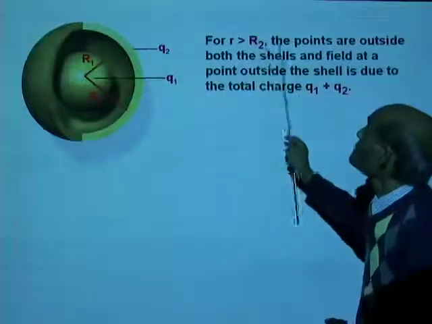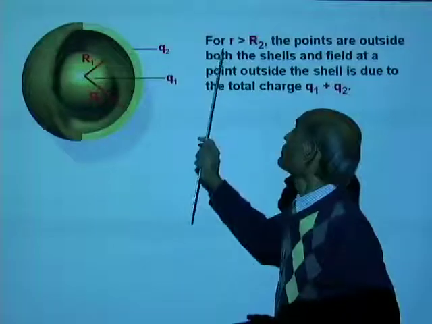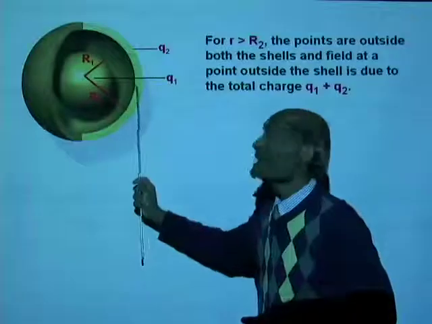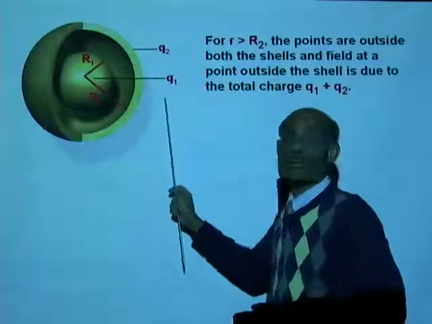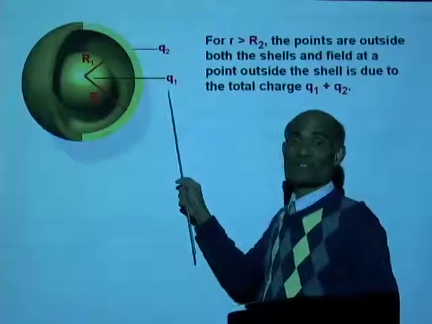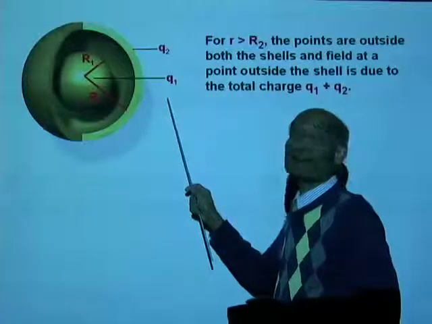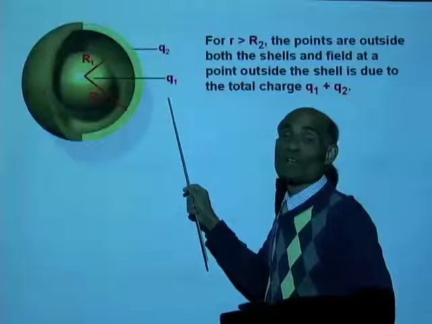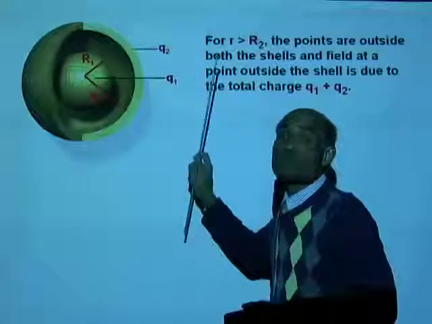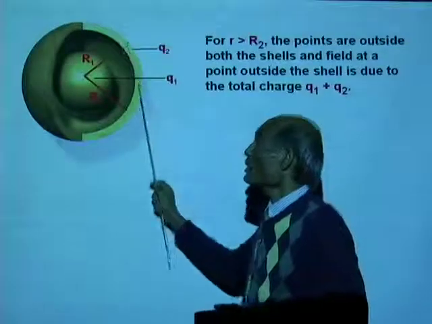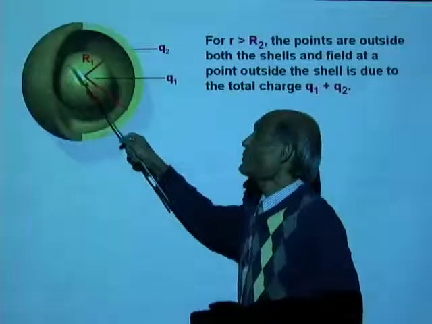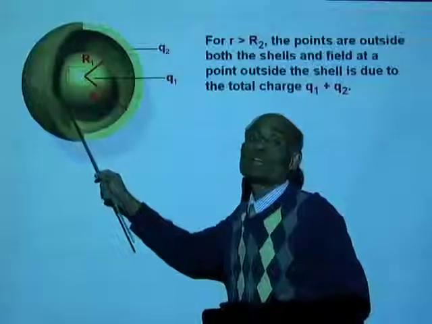For r greater than R2. See, r greater than R2 means a point outside of both the shells. And the field outside of both the shells will be due to the charge on the outer shell as well as the charge on the inner shell.